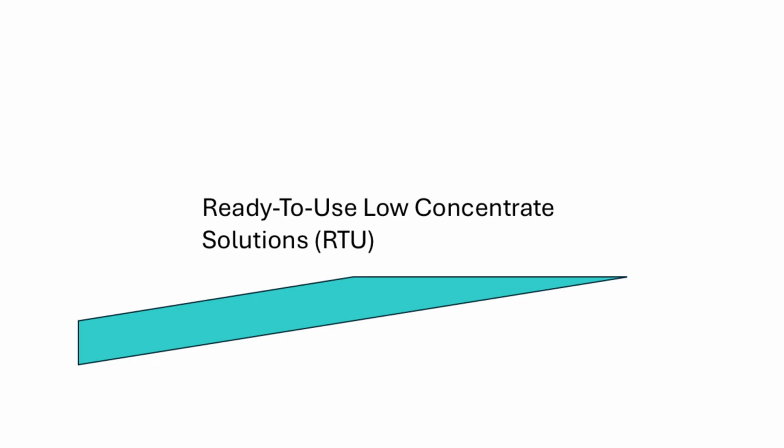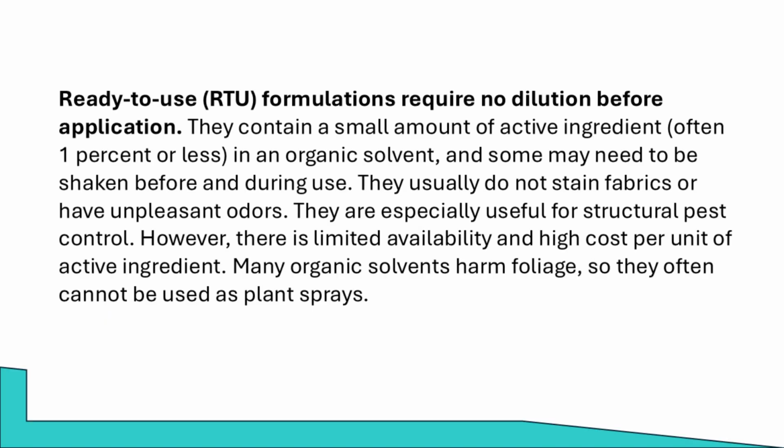Let's take a look at ready-to-use low-concentrate solutions, RTU. Ready-to-use RTU formulations require no dilution before application. They contain a small amount of active ingredient, often 1% or less, in an organic solvent, and some may need to be shaken before and during use.